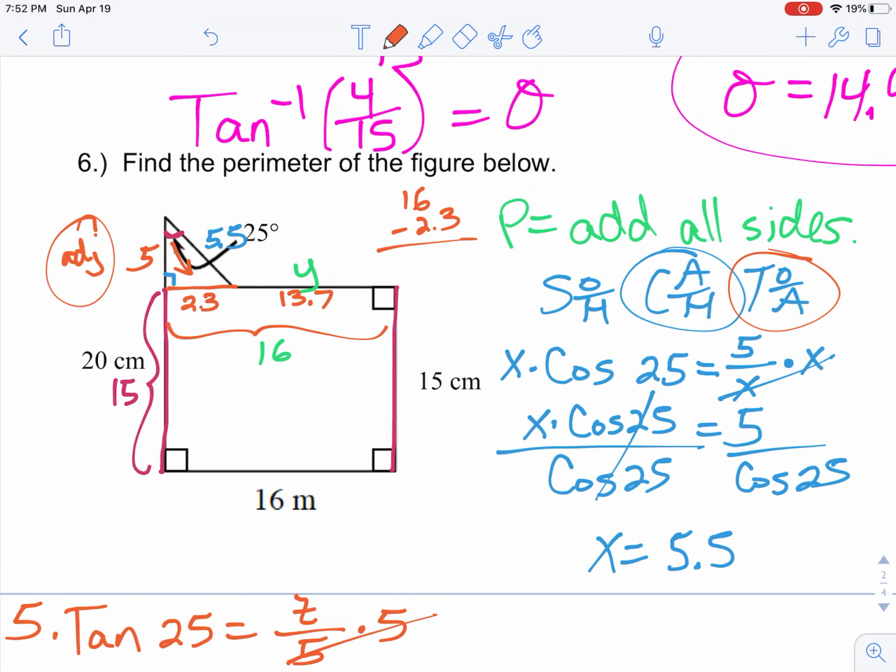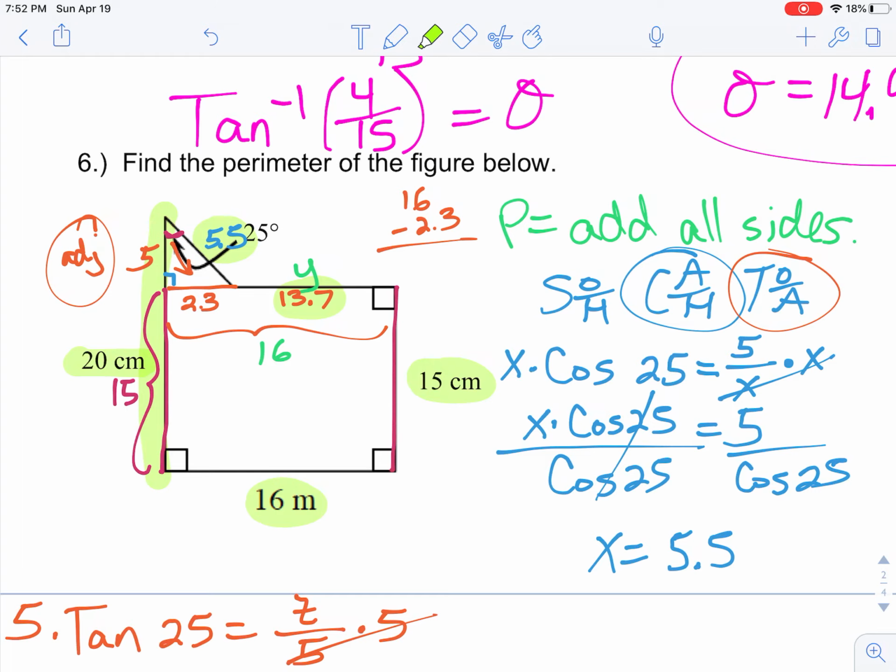So now I can go around and add all of the lengths up to find my perimeter. So for the perimeter, we have 16 plus 20, which is this entire side, plus 5.5, plus 13.7, plus 15.